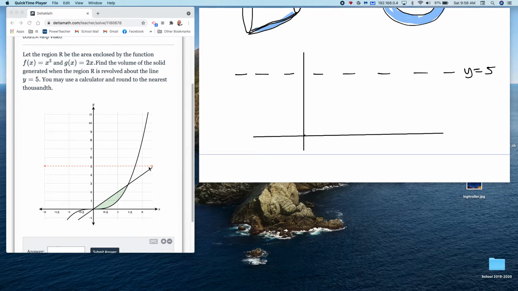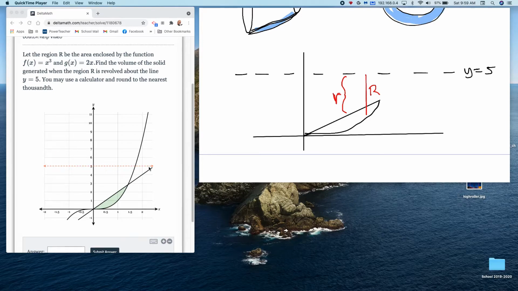Then we've got this line, and the curve that meets right there. So that's our region. Now the little radius is the distance to there. The big radius is the distance all the way down to that curve.